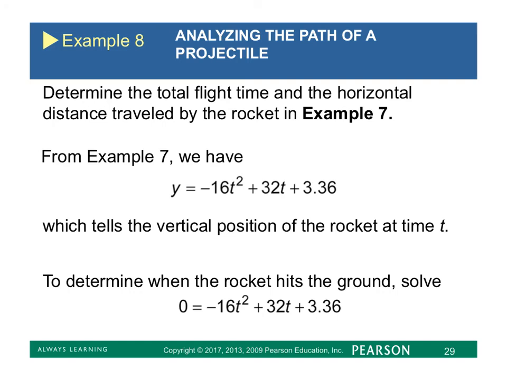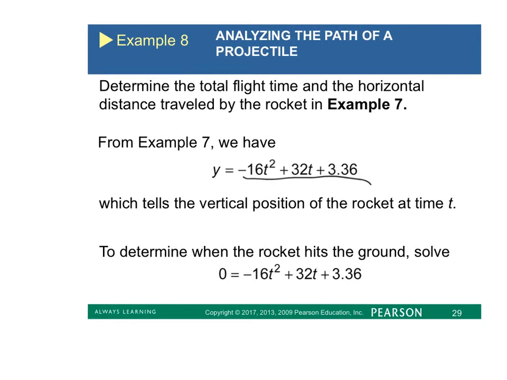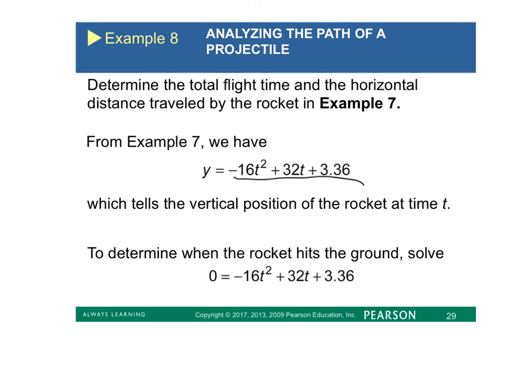Example 8, determine the total flight time and the horizontal distance traveled. We already have an answer for y equals an equation. So we just got to figure out how long it took to hit the ground. Once it went up, it has to come back down.